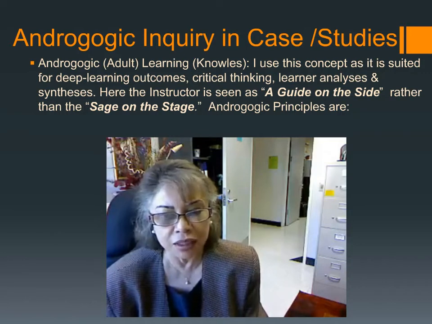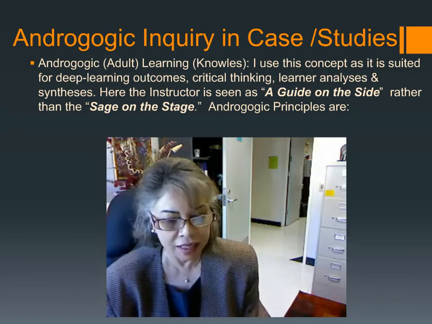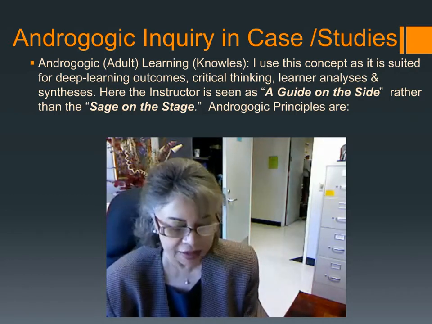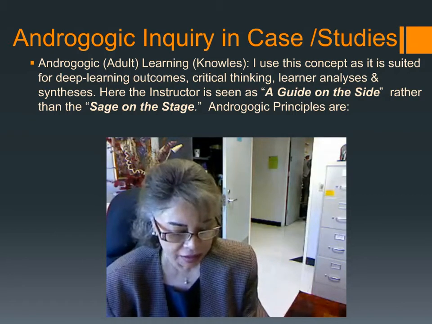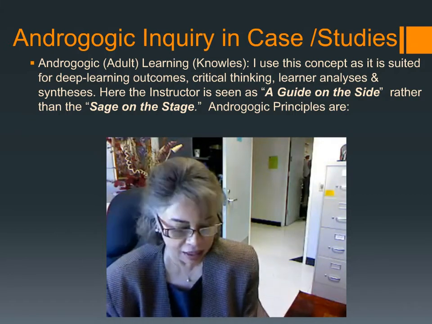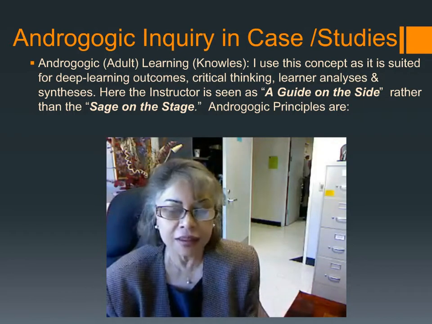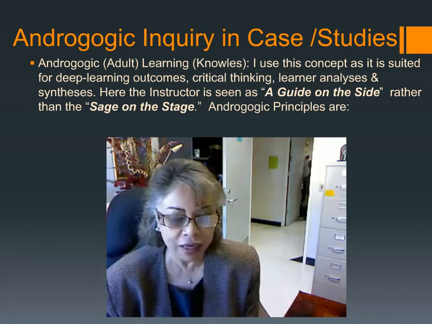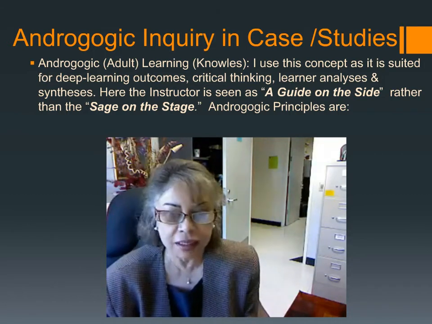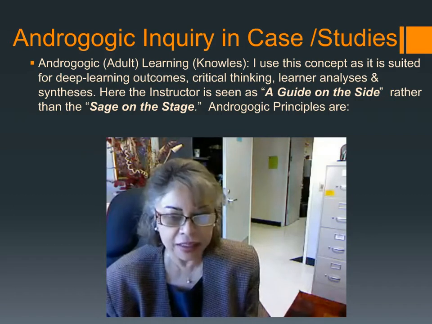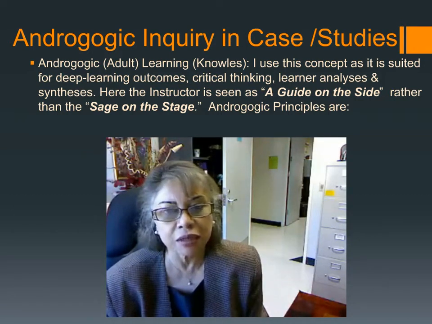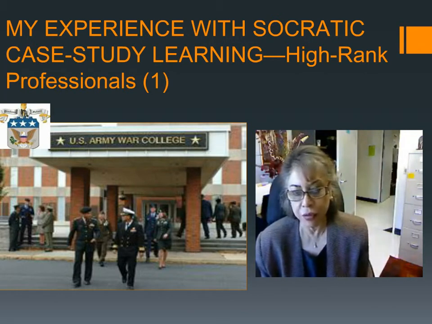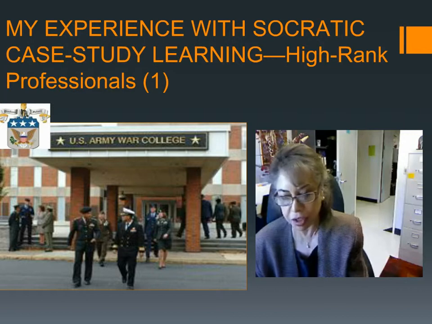The andragogic method has as its key principles that adults are internally motivated and self-directed, that adults bring life experiences and knowledge to learning, that adults are goal-oriented, relevancy-oriented, and practical, and that adult learners like to be respected.